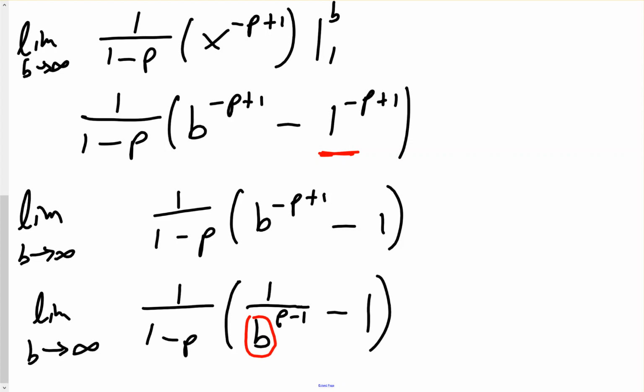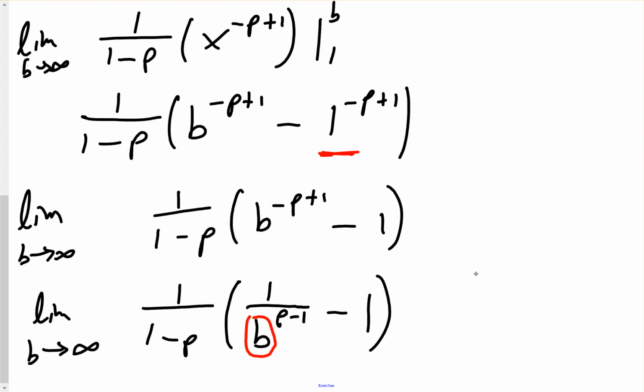If we end up with p becoming really big, right, then we would have a fraction of just 1 over p minus 1. Because what happens, this goes to 0, right?